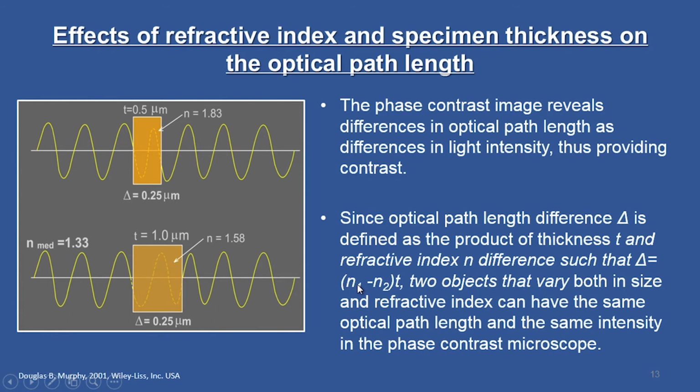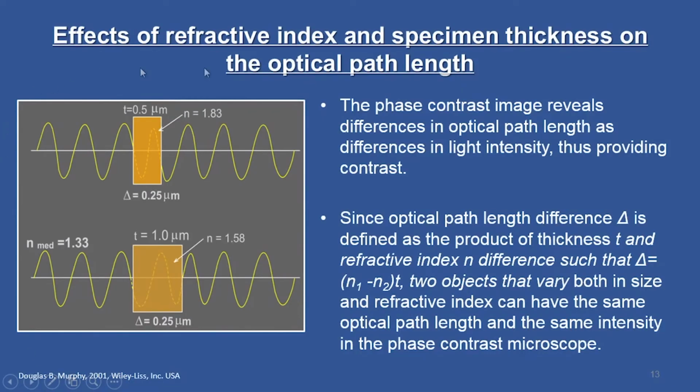Let us now look at the effect of refractive index and the specimen thickness on the optical path length. We have already seen what optical path length is, and it has a significant role in phase contrast microscopy.